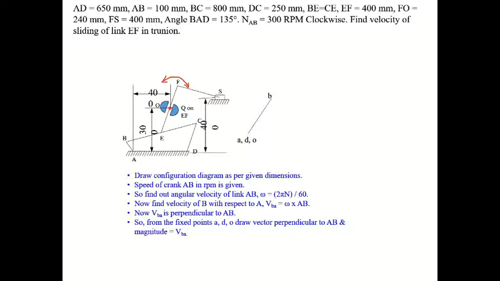Point O or point Q. This point Q is on link EF. This point is called a trunnion or floating link because here we have a fixed link O, so this point Q will rub this fixed link like this.